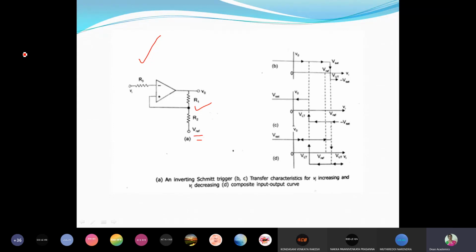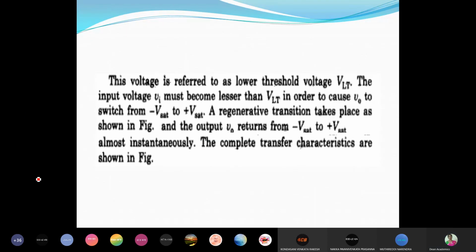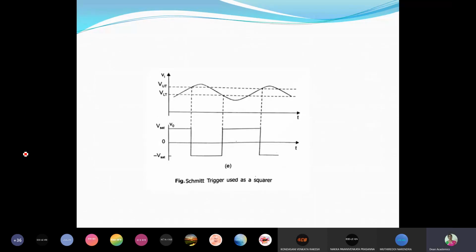Then how does it trigger between plus Vsat and minus Vsat? If the input voltage Vi triggers the output voltage V0, right? One second, I will show you this. This is better, right?